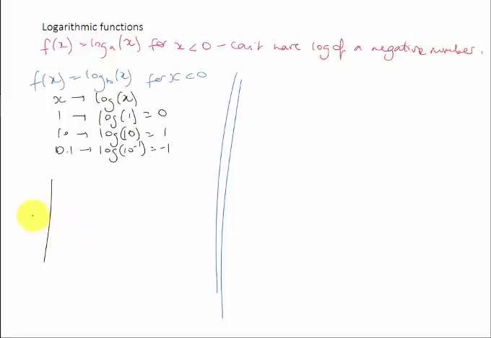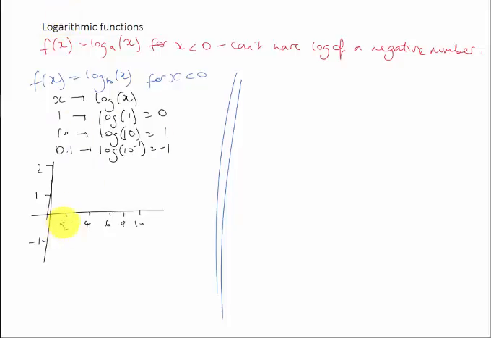So let's draw a graph of this. We're going to go up to 10: 2, 4, 6, 8, 10. Not quite straight, forgive me. And then we're going to go up to 2 here. Okay, so let's just draw these out.